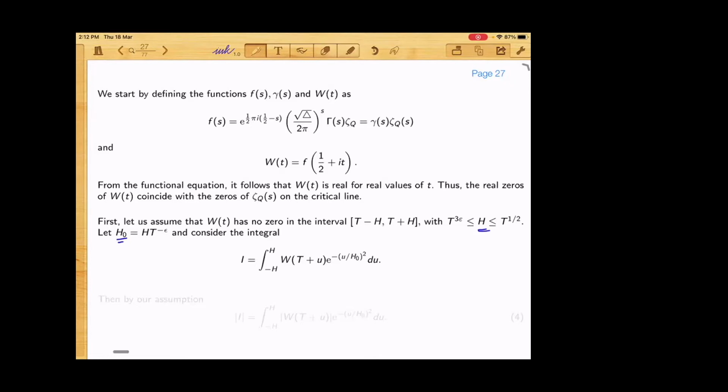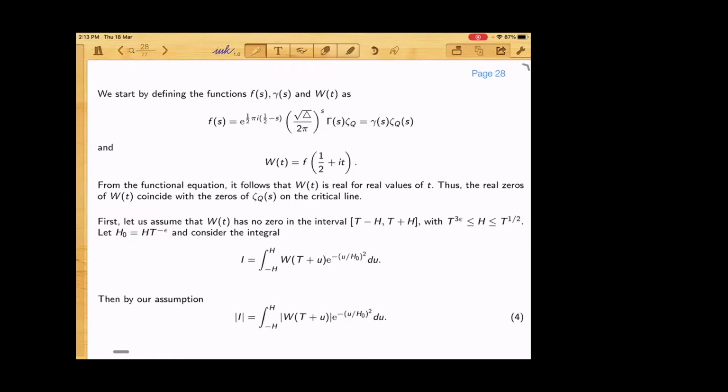By our assumption that W(t) has no zeros in this interval, it follows that the modulus of the integral is the same as the integral of the modulus, because there is no change of sign.